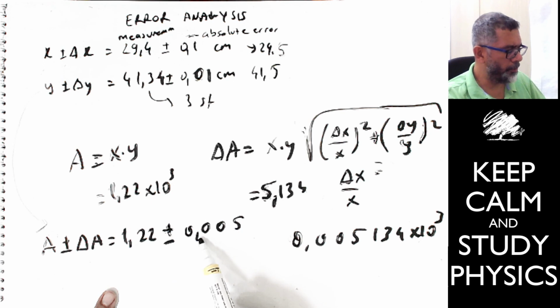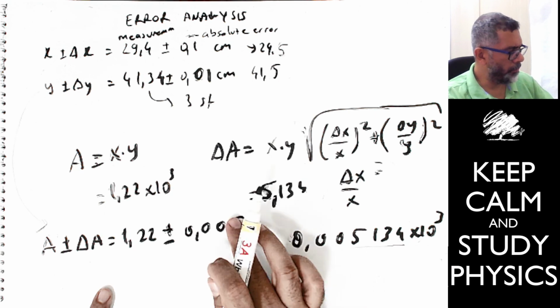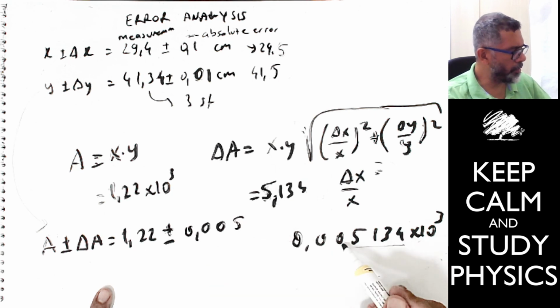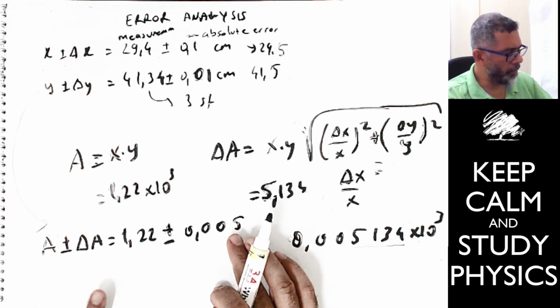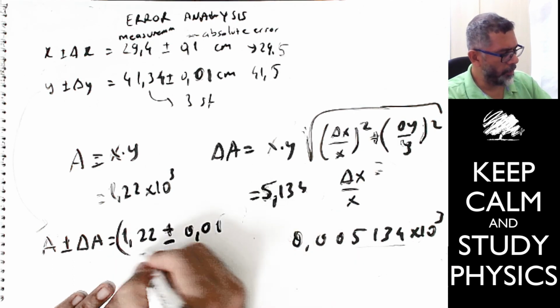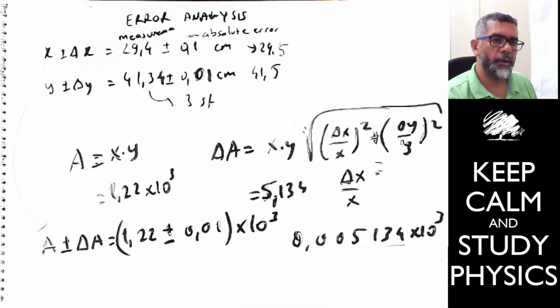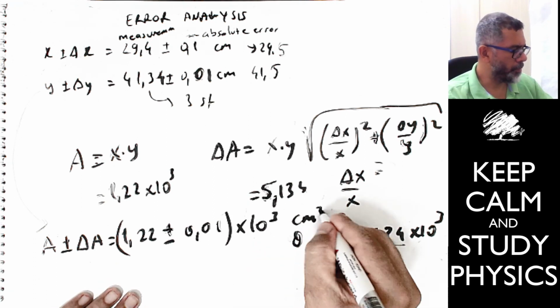Over here, after the decimal point, we have 1, 2, 3, 4, 5, 6, 7 digits. Since the part being dropped is larger than 5,000, we increase this digit by 1, times 10 to the power 3, centimeters squared, of course.